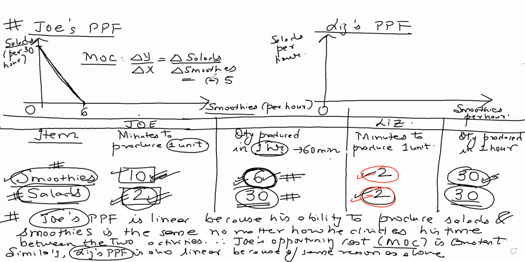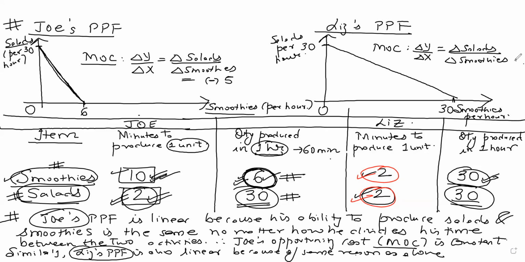Let's talk about Liz's production possibility frontier. Now, in 1 hour, Liz can produce 30 smoothies and 30 salads. So you can see that Liz's production possibility frontier is flatter. If you look at the marginal opportunity cost for Liz, change in y by change in x, which is change in salads upon change in smoothies, what's going to be the slope here?